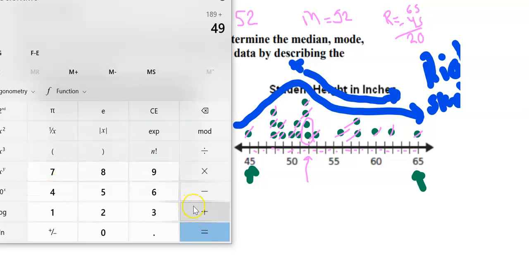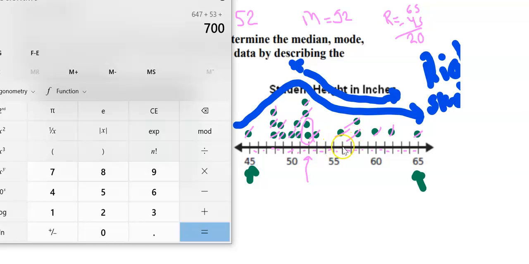Then my 50, plus 51 and 51. Then I'm going to add four 52s, so 1, 2, 3, 4. Then I'm going to add my 53.